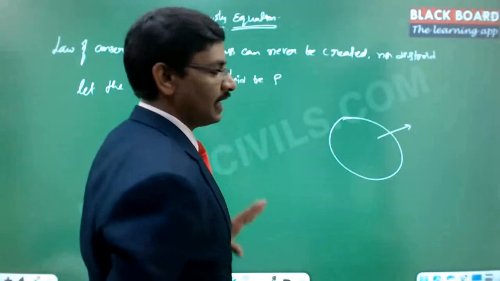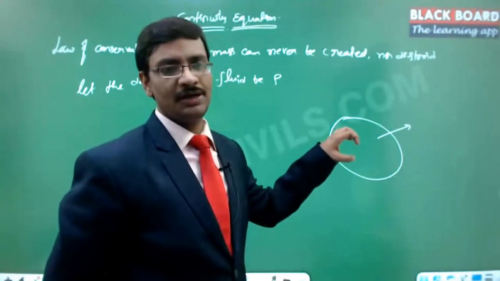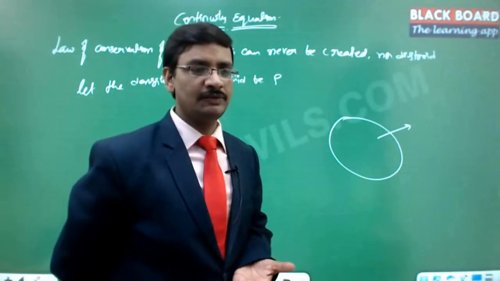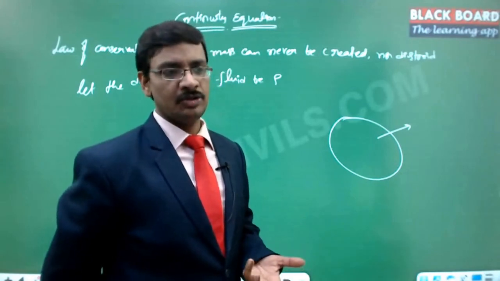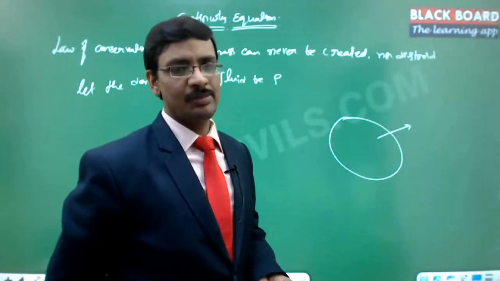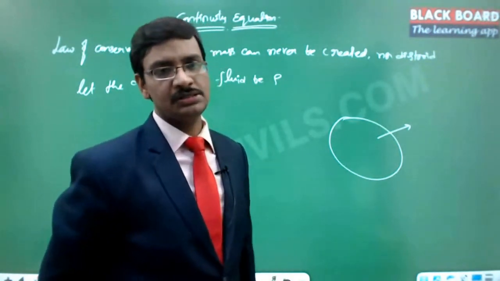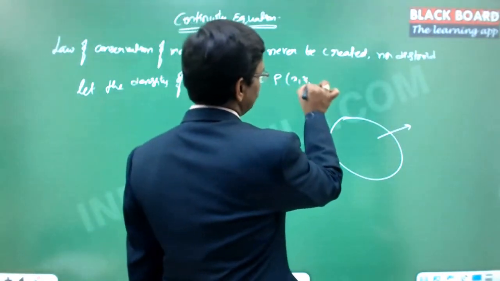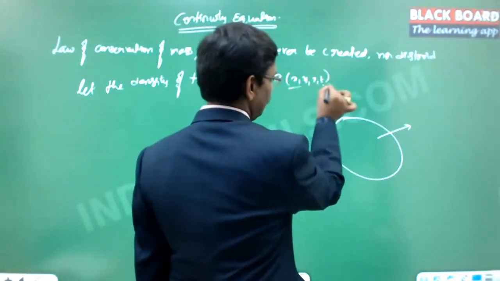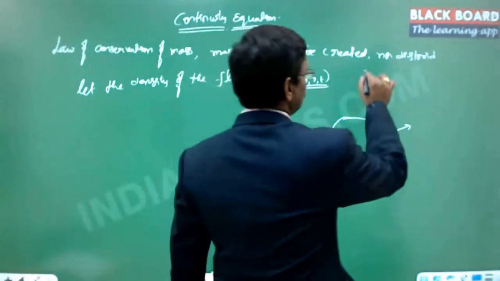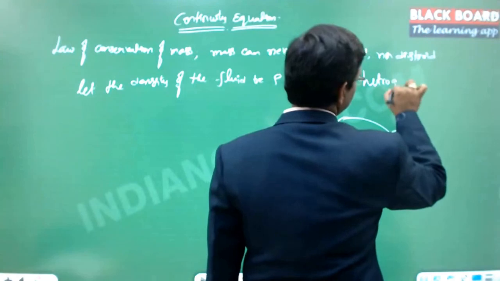If it is a heterogeneous fluid, then at different points it may have a different density. A heterogeneous fluid can even be interpreted as a gas, since gas may have different densities at different points. So rho may be a function of x, y, z, t also. So this is a heterogeneous fluid.